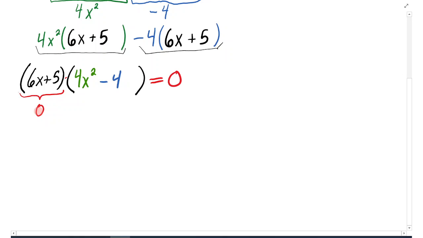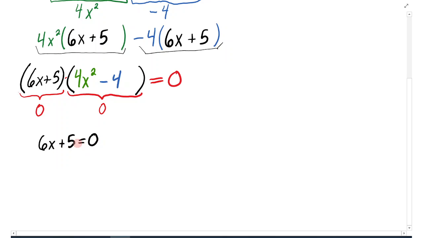That's going to be multiplied by 0, so that will equal 0 overall. Or it's possible for the 4x squared minus 4 to be 0, in which case it doesn't matter what 6x plus 5 is, because whatever that will be multiplied by 0, and we'll still get 0. So let's go ahead and do that. We'll find all the values of x that make this true.